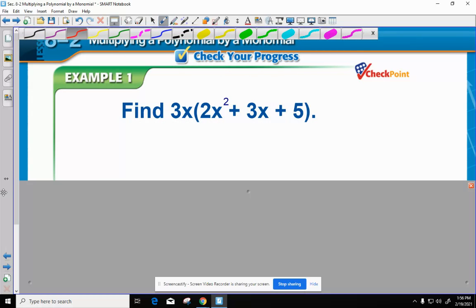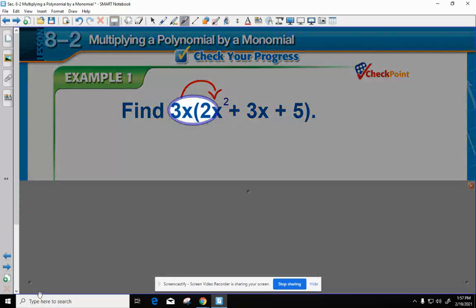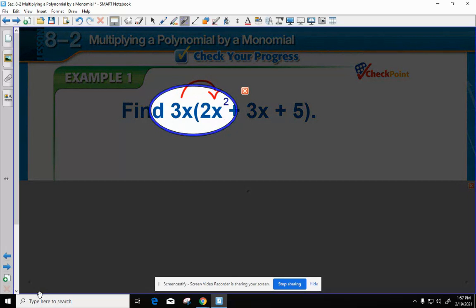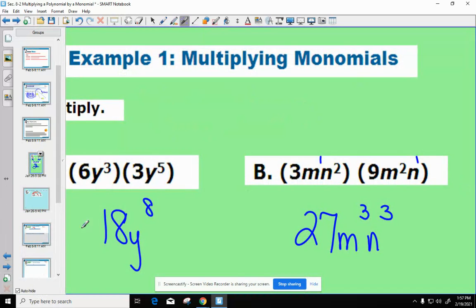Again, in this problem, how many distributions will I have? I will have 3. When I make my first distribution, though, I'm only concerned about multiplying those 2 things together. Right, not the whole thing. So for that reason, what you see there is no different than where we were here.